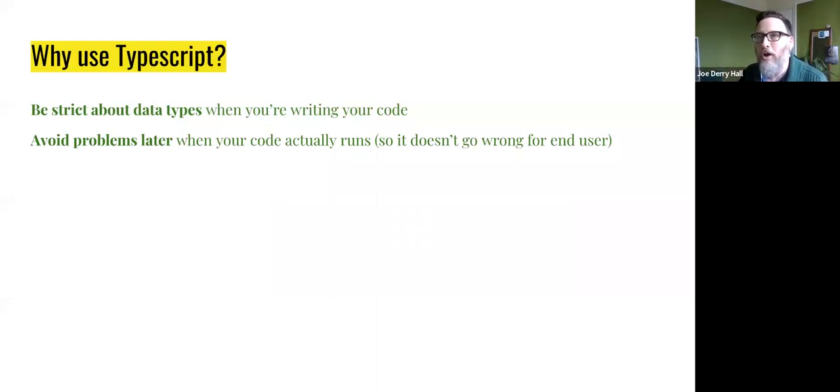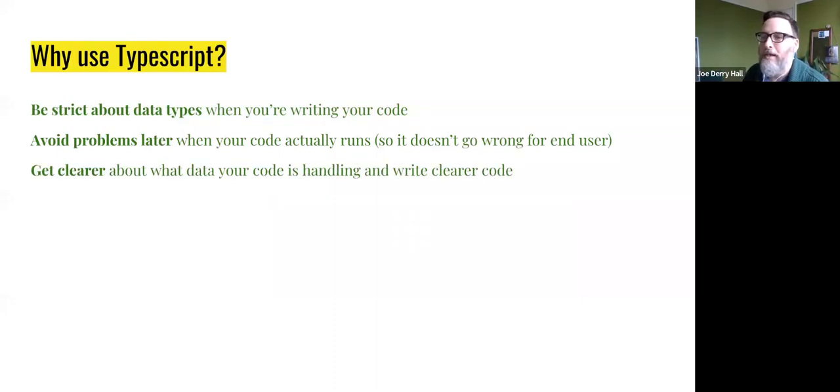But the idea of TypeScript is your code editor is trying to keep you strict about how you're using variables, what types they are, what types functions are returning, so that when your code actually runs later, might be in a browser and you're not there to see it go wrong for a user, or it might be on the server, you're essentially avoiding problems down the line by getting it right, by things being stricter when you actually code. It makes you clearer about all of that.